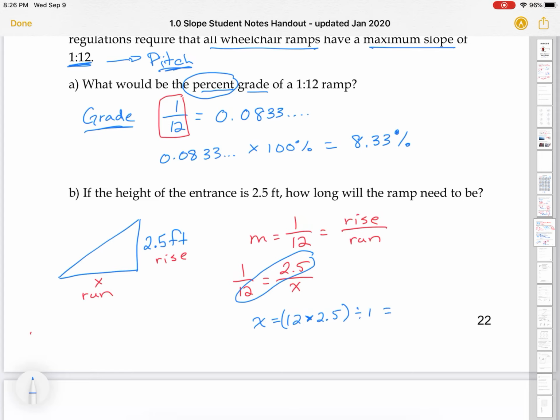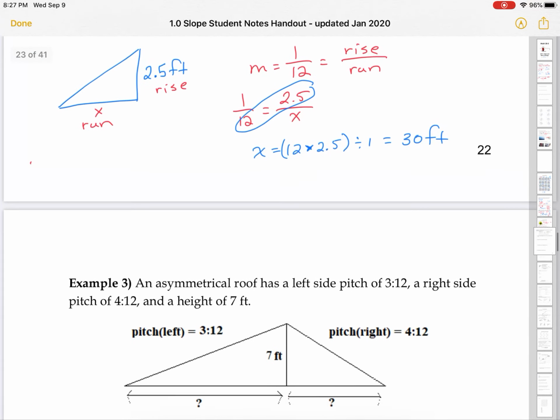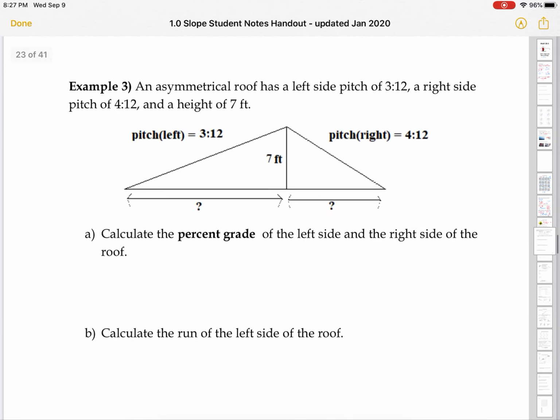When we do that, we get 30 feet. So to go up 2.5 feet on your wheelchair ramp, you have to have 30 feet of ramp. So that's going to be quite a long distance. We really don't want to have a severe pitch or grade for wheelchair ramps.